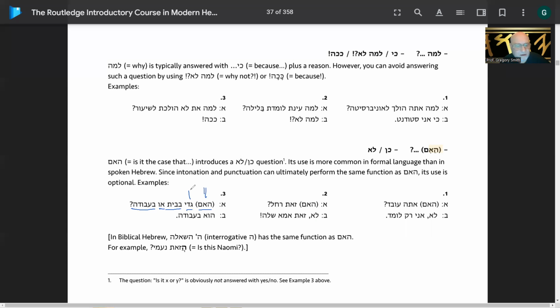Okay, so ha'im Gadi babayit o ba'avoda. Is it the case that Gadi is in the house or at work? Okay, so the answer is hu ba'avoda. He is at work.